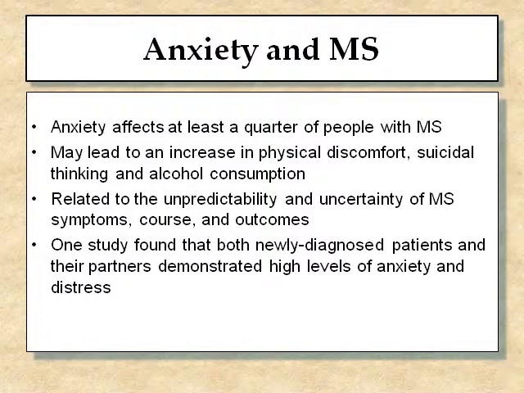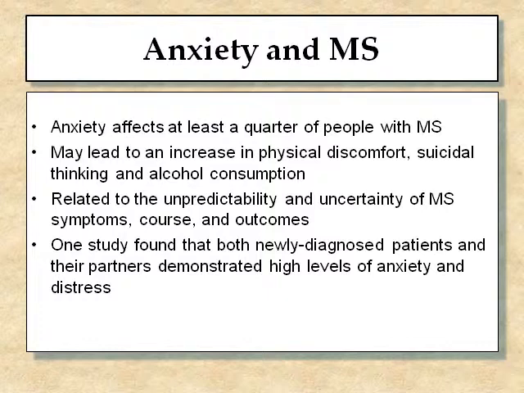One study found that both newly diagnosed patients, and this is MS patients, and their partners demonstrated a high level of anxiety and distress. And this is newly diagnosed, and you can understand that it's not unusual for people that are newly diagnosed with MS to struggle with anxiety.